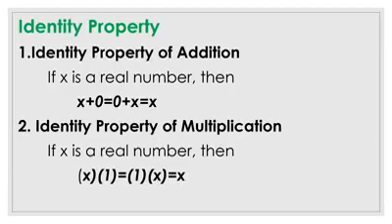It is stated that 0 is the additive identity element and 1 is the multiplicative identity element. This implies that the sum or product of any real number and 0 or 1 respectively will result in a real number. Meaning, any number added to 0, the answer is the number itself. And any number multiplied by 1, the answer is also the number itself.